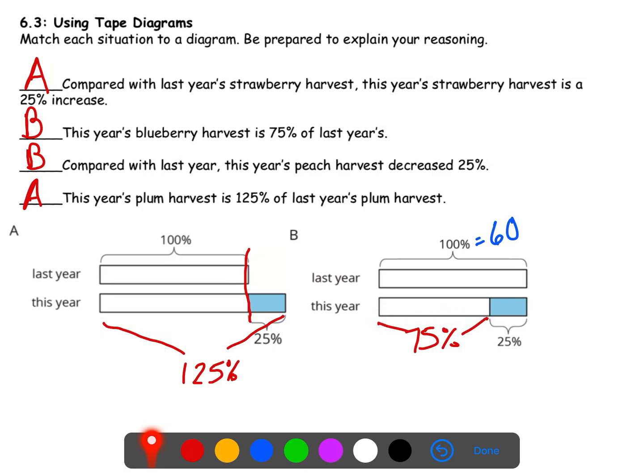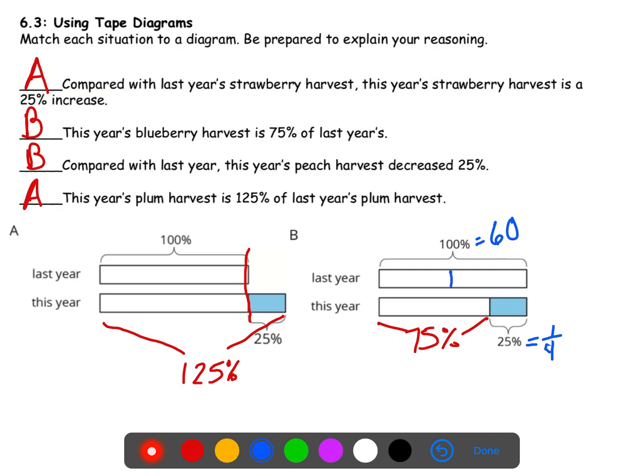Now this actually divides up very nicely, and we could do this without using our calculators. So let's give that a quick try. So if we have last year 60 fish, if we want to find what 25% is, that decrease, we need to calculate how many fish that is, 25% of 60. So 25% is equivalent to 1/4.